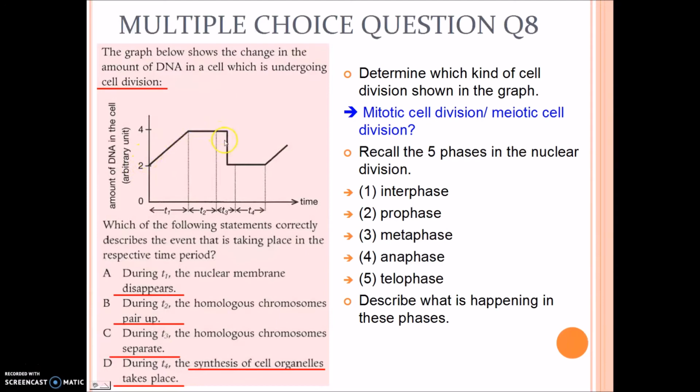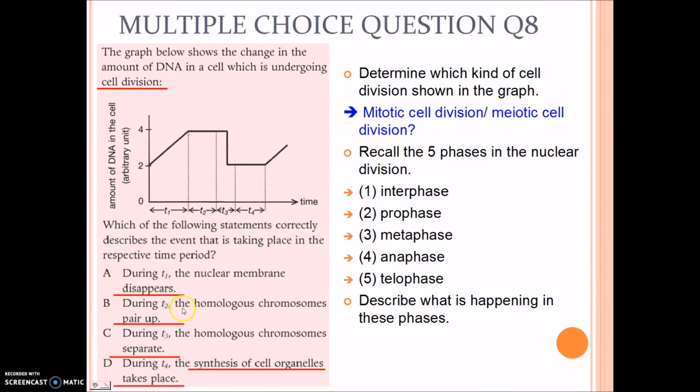And after the cell division, the DNA content of the daughter cells is also 2. That means the DNA content of the daughter cell and the mother cell are identical. They are genetically identical. So refer to the concept of mitotic cell division or meiotic cell division, and you will be able to tell me which type of cell division this diagram is talking about.